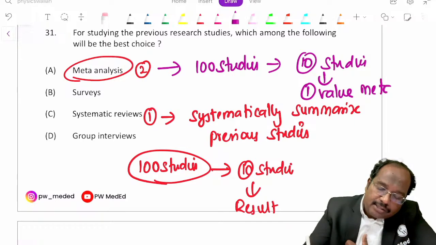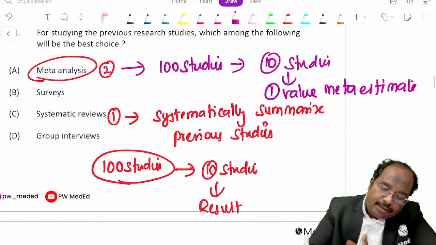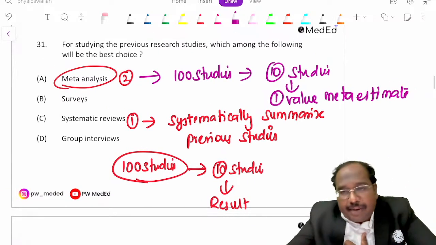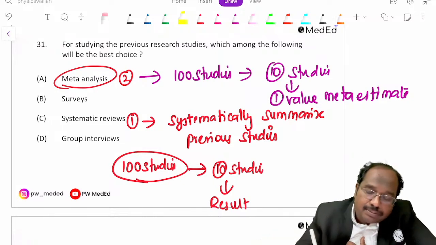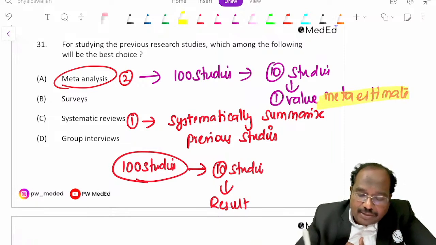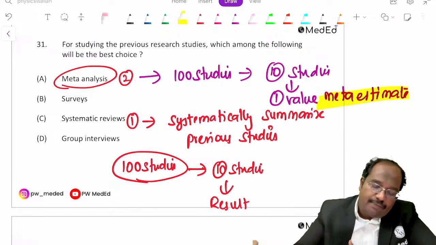We call this the meta estimate. You convert all those results, odds ratio, relative risk, into a single value. That is why it's called the best study design, because you are merging all the results and giving a single value.